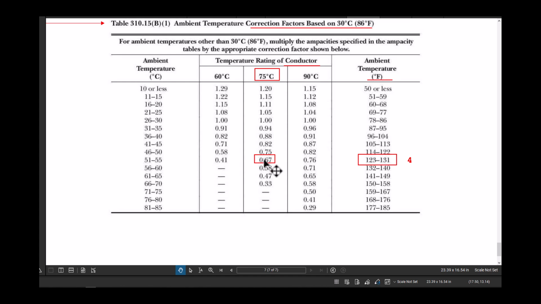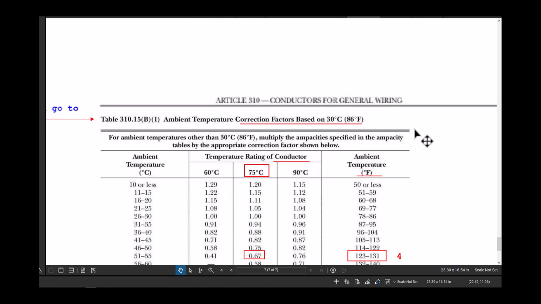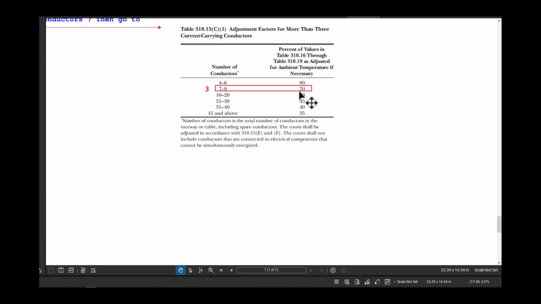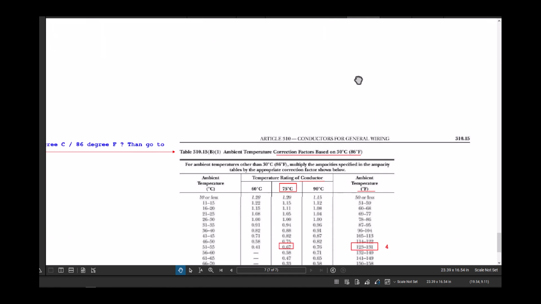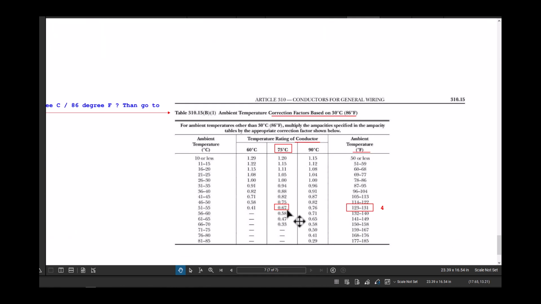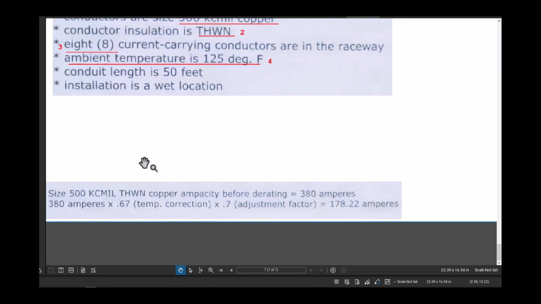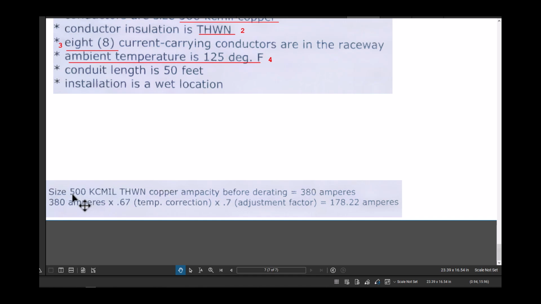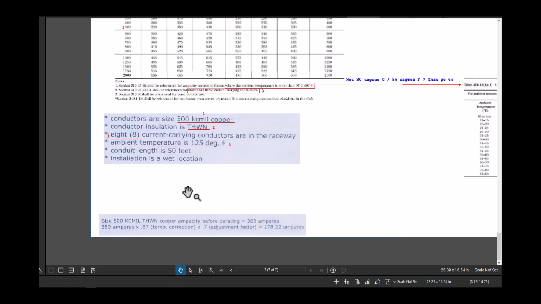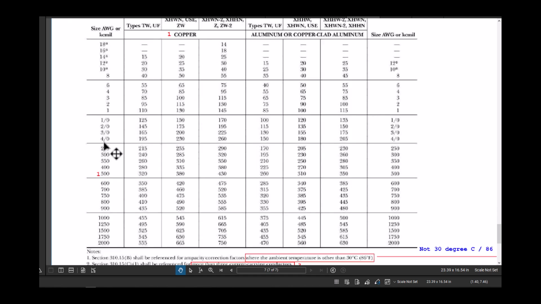Then we had the adjustment factor for the number of wires in the raceway, 70%. Then we have this one, 0.67 or 67%.